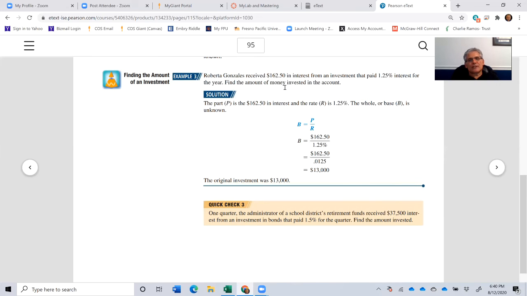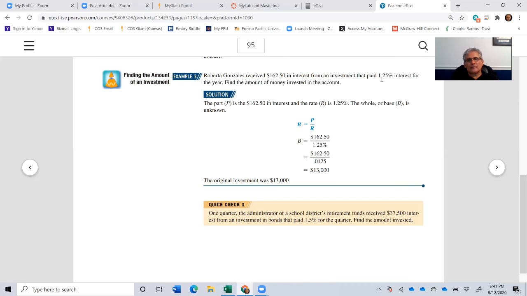Roberta Gonzalez receives $162.50 in interest from an investment that paid 1.25%. So $162.50 is the part. The rate is 1.25%. We know the formula: B is equal to P divided by R. P is the part, 162.5.